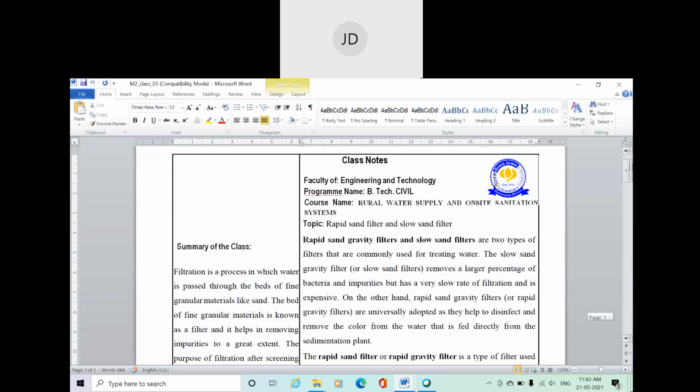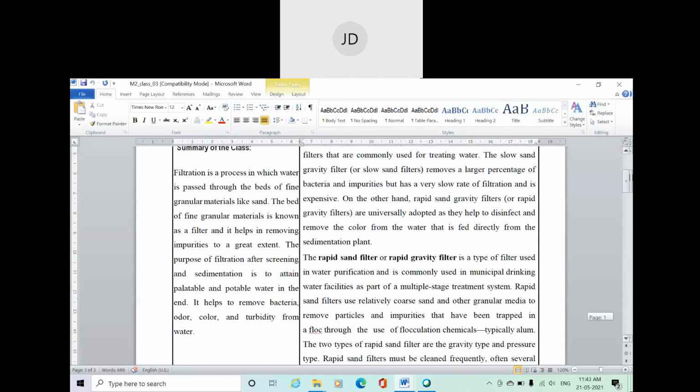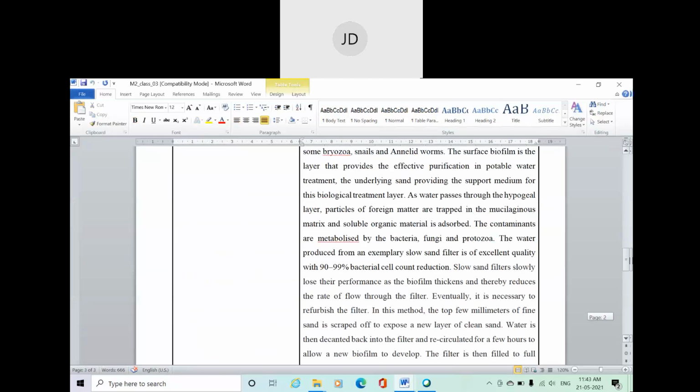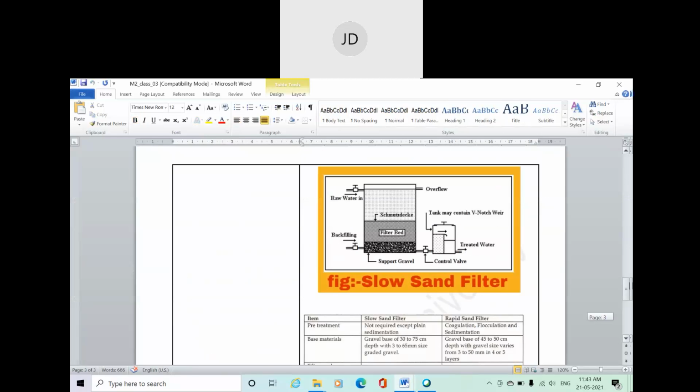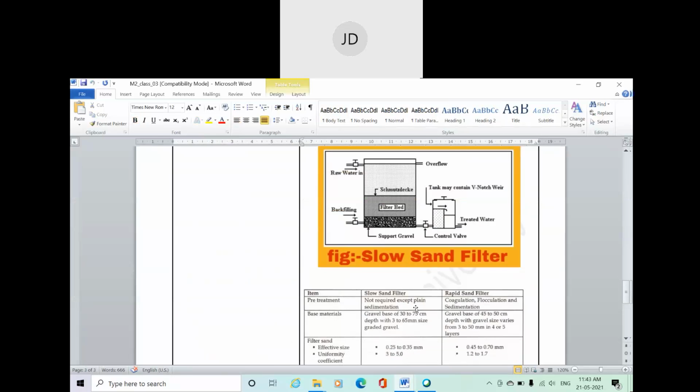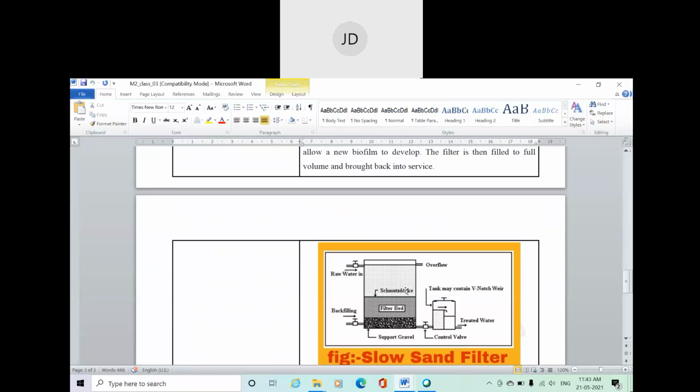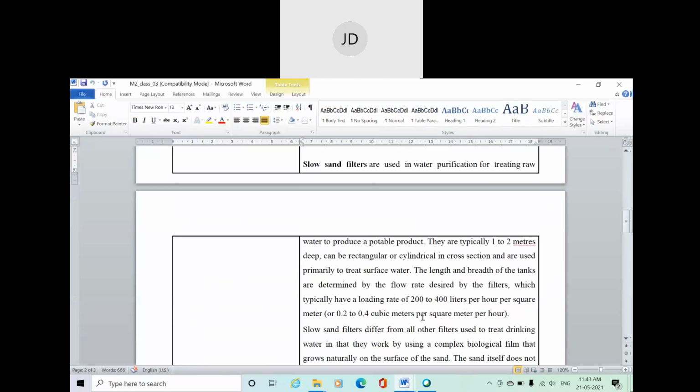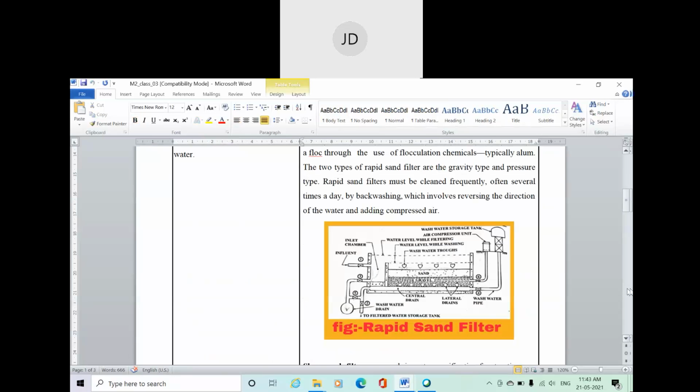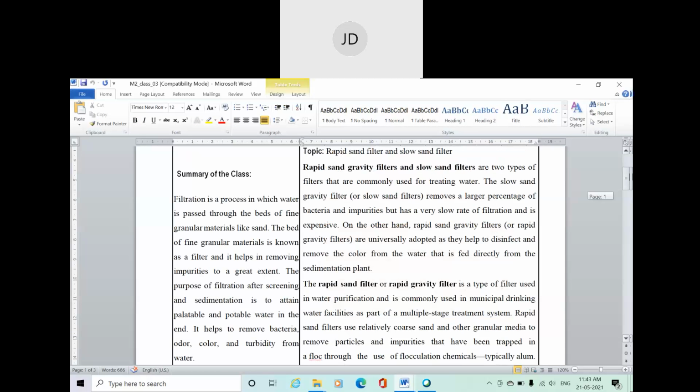Go through the repetition filter and Sloshing filter individually, with the diagrams provided here. This is the basic diagram for a Sloshing filter, and this is the basic diagram for a repetition filter. If you go through these notes, you will get the idea. It is very easy to understand now.